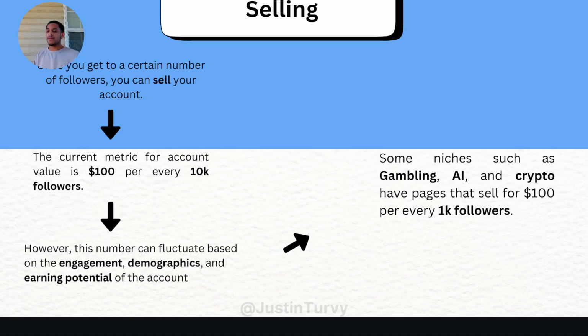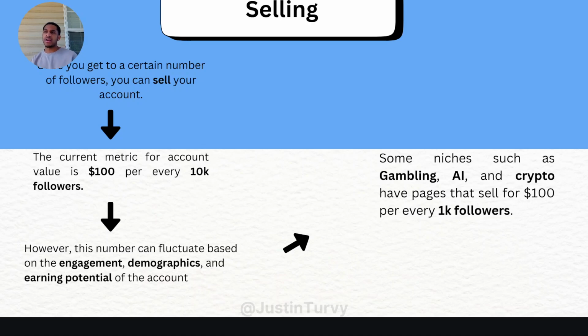But the average metric for an account is $100 per every 10,000 followers. So if you want to simplify it even more, it's $10 per every 1,000 followers, which is pretty cool. And that is the metric for top USA.